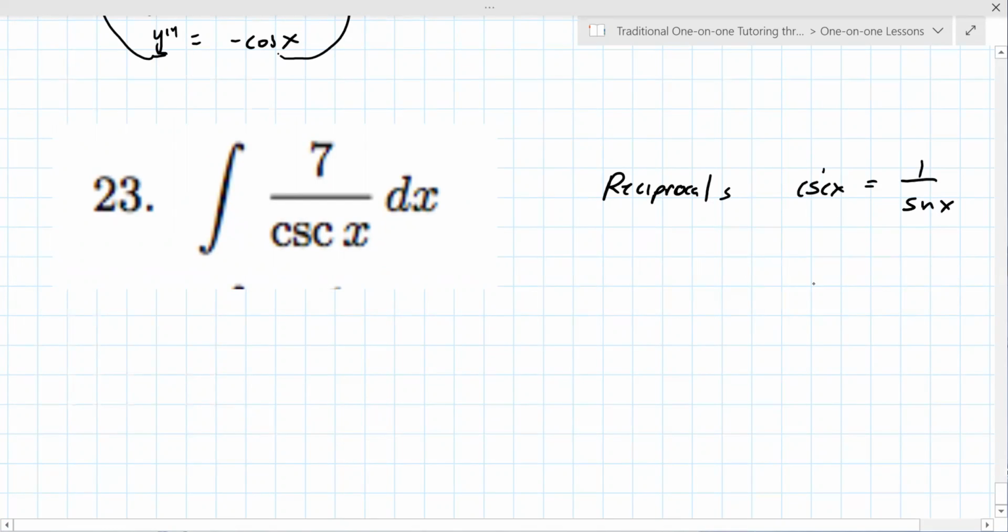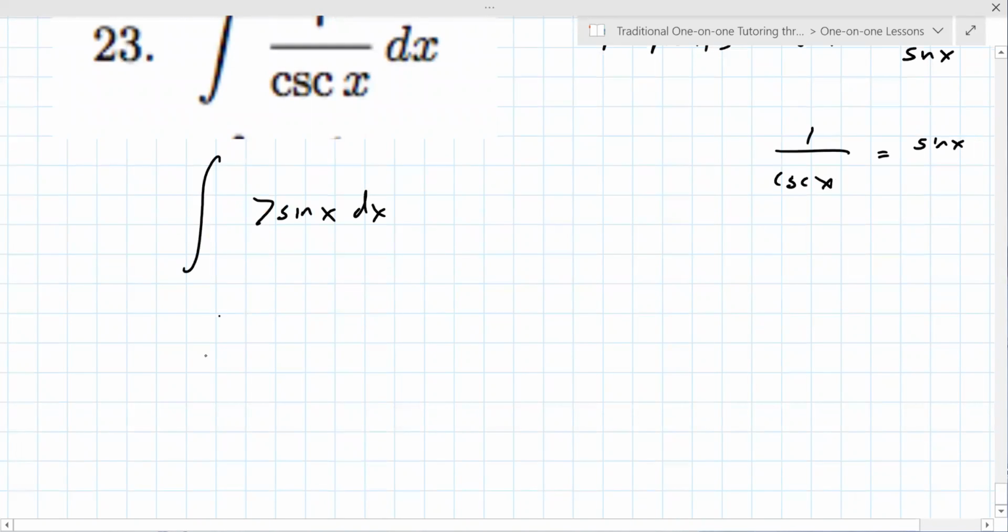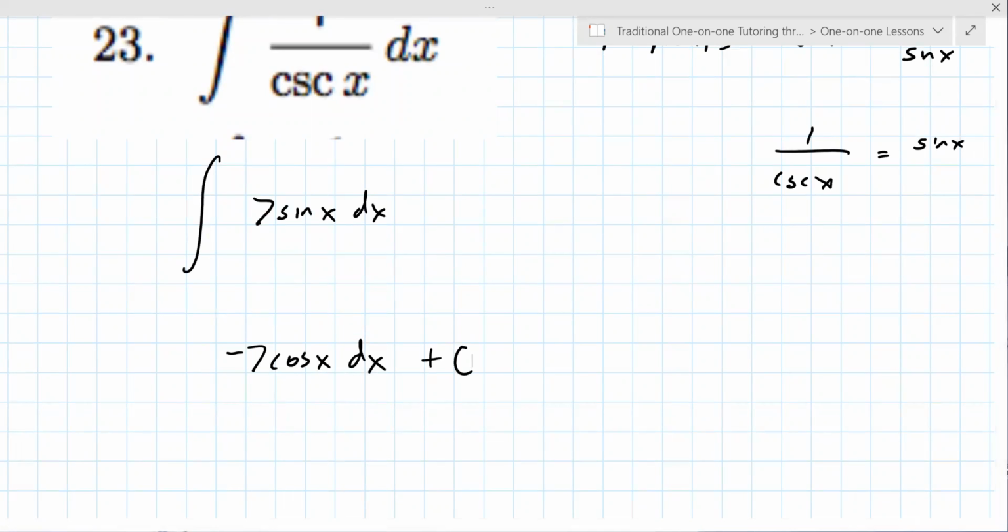And so if you flip the left, you flip the right. And so this becomes 7 sine x dx. This is not calculus. This is a rewrite step. But now I know the antiderivative of sine. It's minus 7 cosine x plus c.